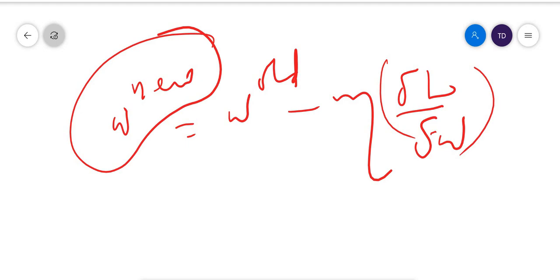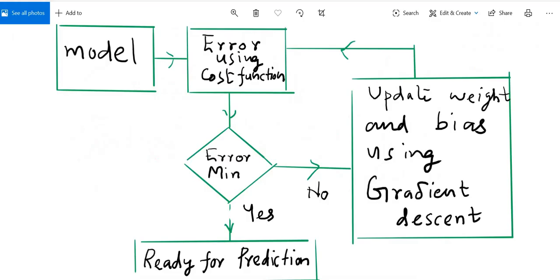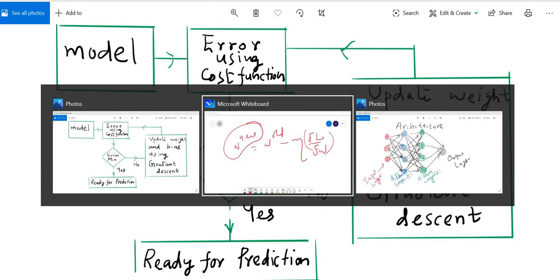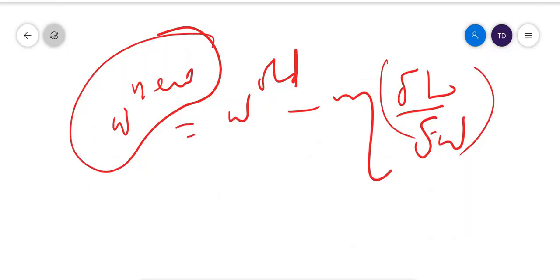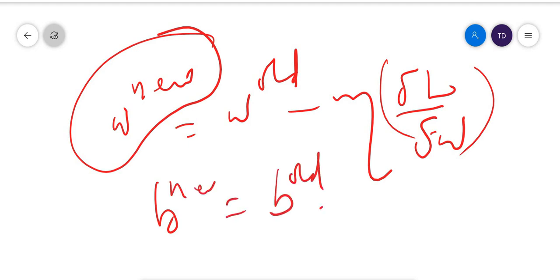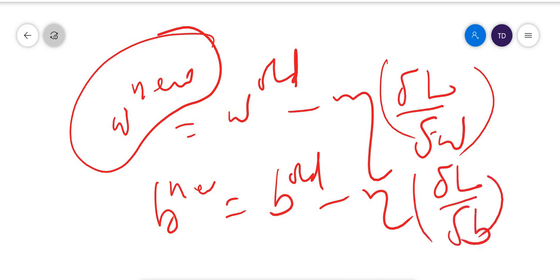So here we will substitute and we will get the new weight, and this process repeats by using this block diagram. See, this is a cyclic process. We will again repeat, and the same process for the math you can apply for bias as well. New bias is equal to old one minus eta into dou L by dou B. This dou L by dou B, the same process you can calculate.